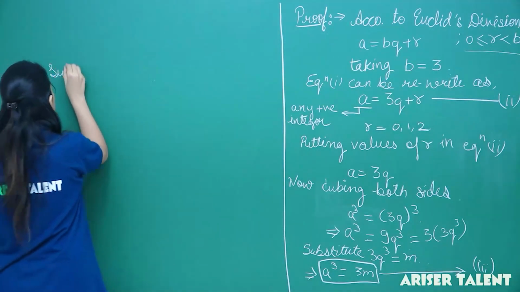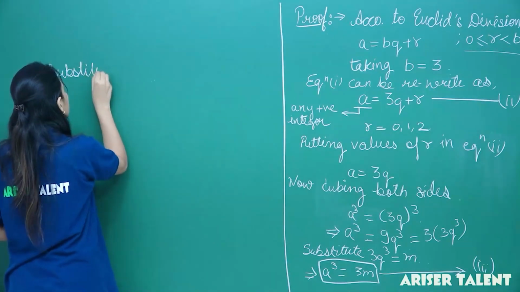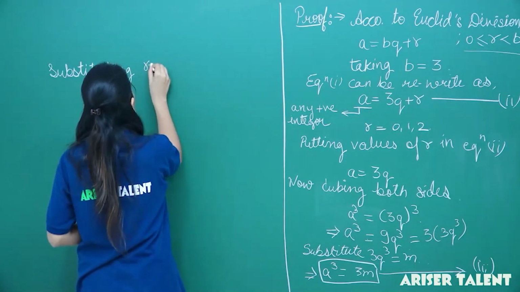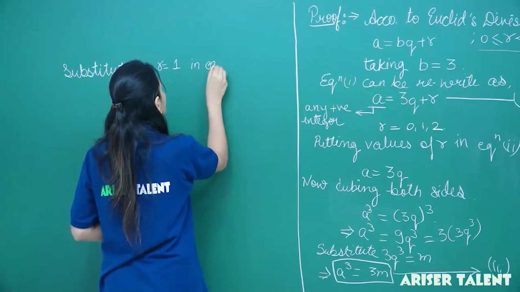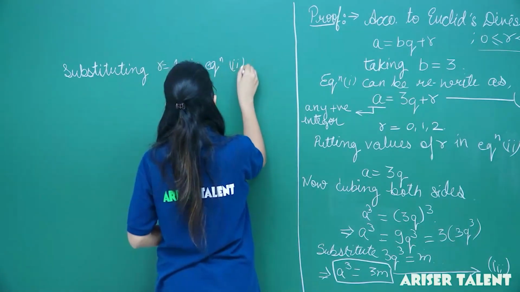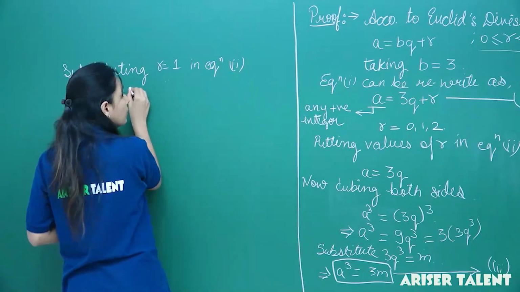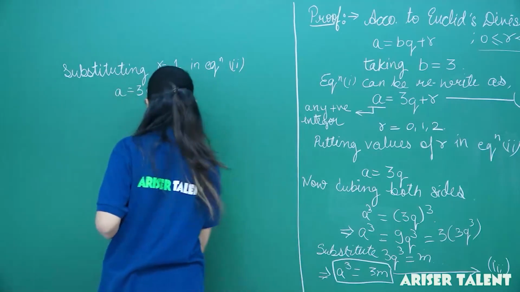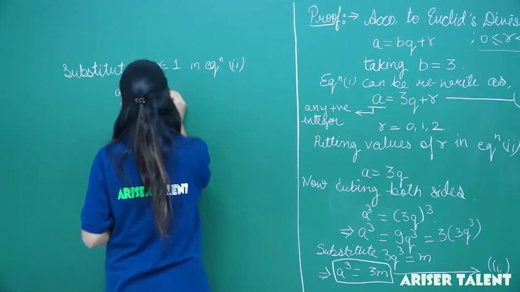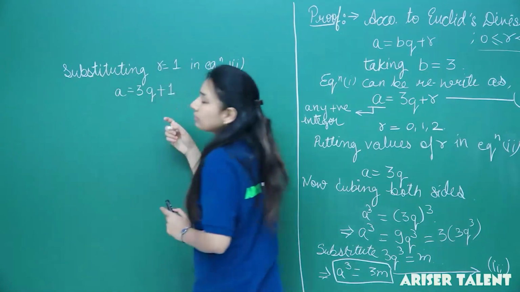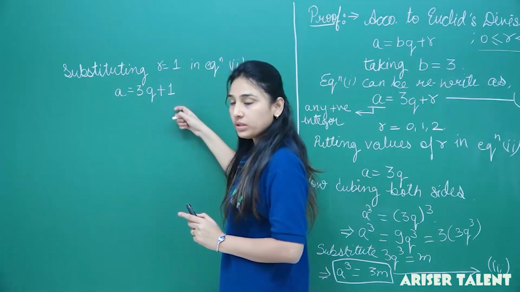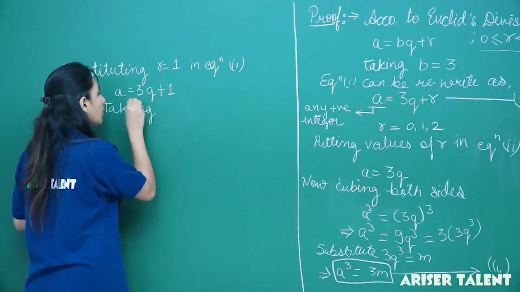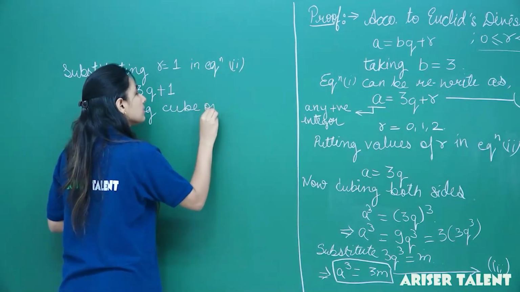So, substituting r equals 1 in equation second, we will get a equals 3q plus 1, like this. Now we will cube this, taking cube on both sides.